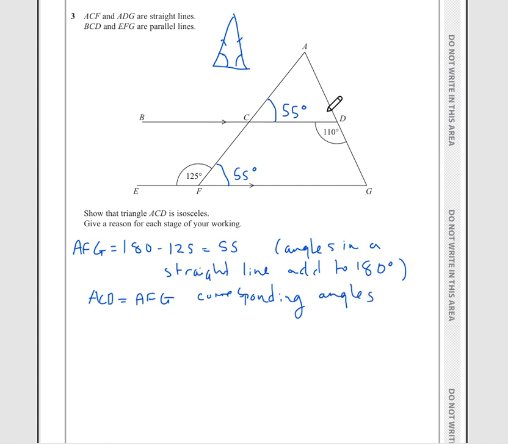Going over to this side here, I've got two angles in a straight line. So I know 180 degrees, take away 110 is 70 degrees. So angle BCD... angle 3DC equals 70 degrees. And again, that's angles in a straight line.